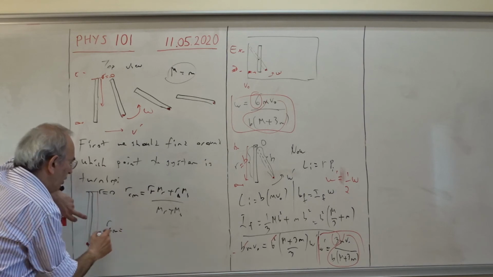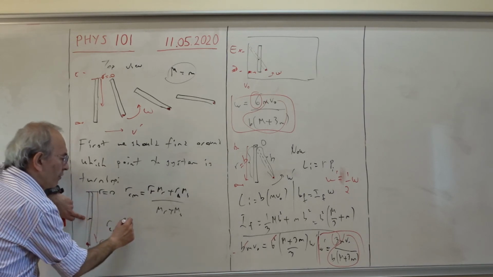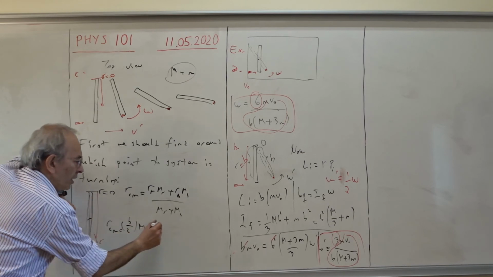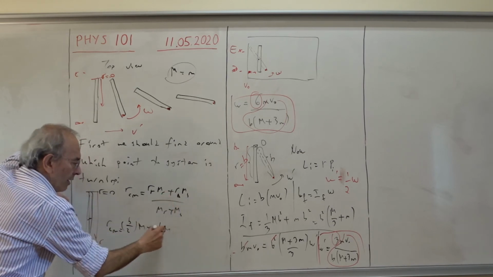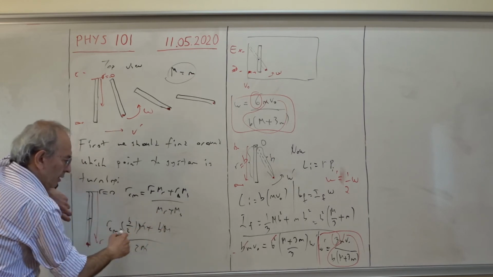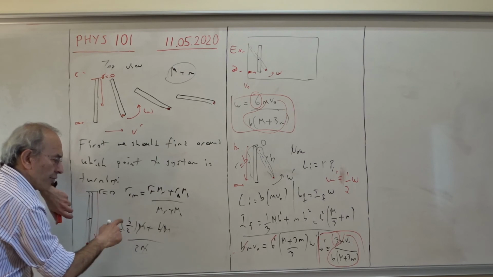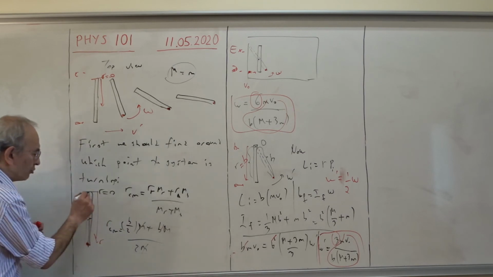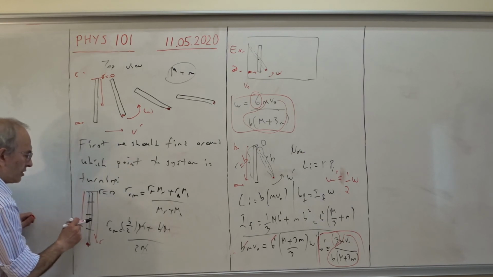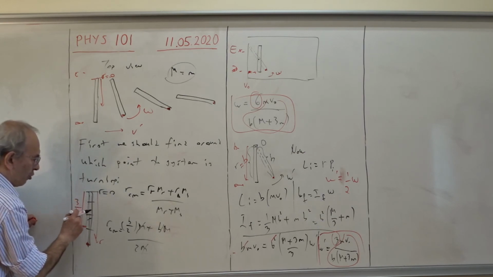This is equal to, since the rod is uniform, b over 2 times the mass plus full b for the bullet, so m, divided by m plus m, 2m. So the m's will cancel, 1 plus 1 half, 3 halves, over 2, so 3 over 4. It corresponds to 3 quarters. If you divide it into 4 parts, this is the region, 3 over 4 b.